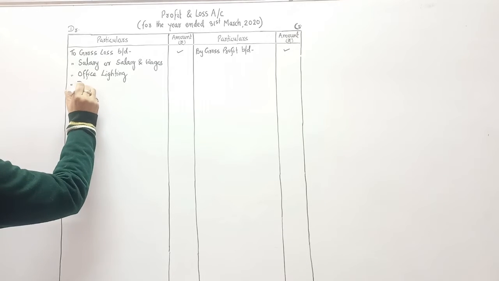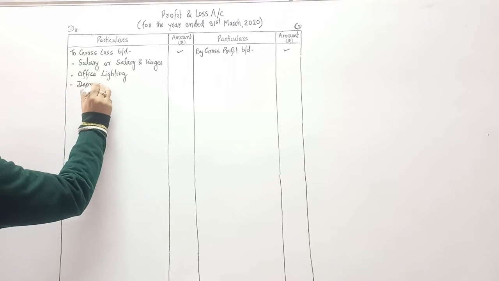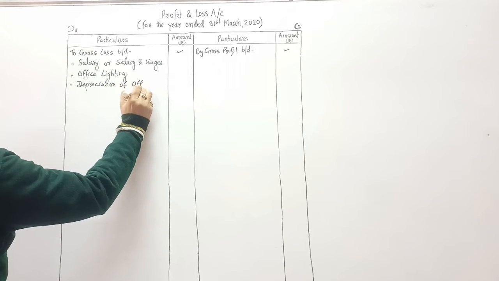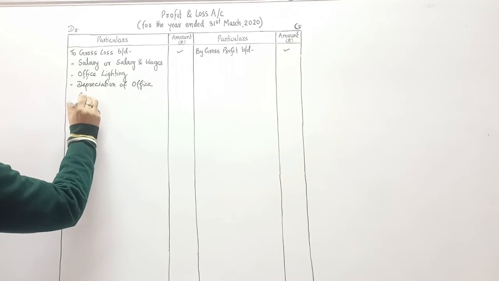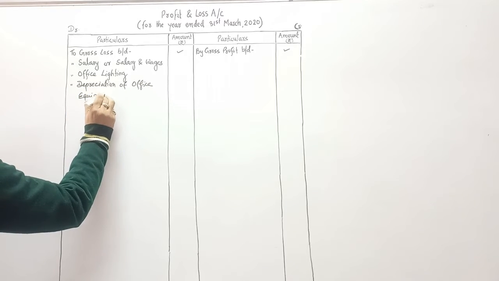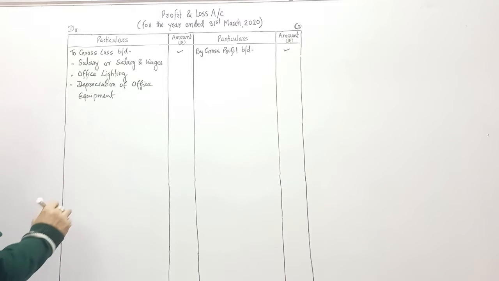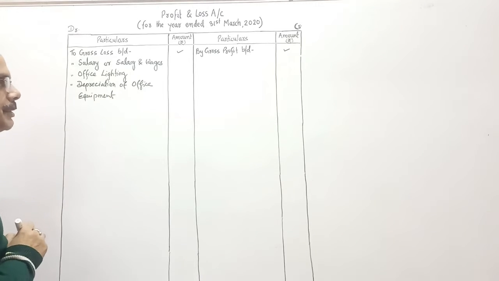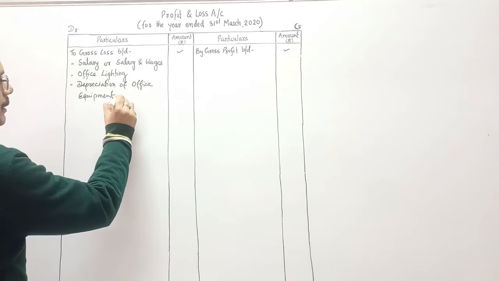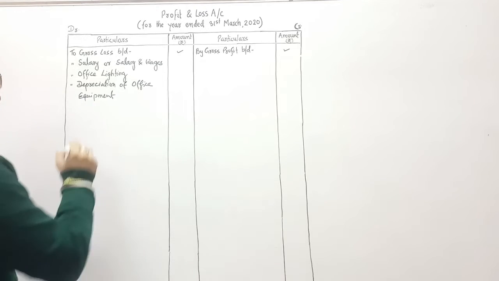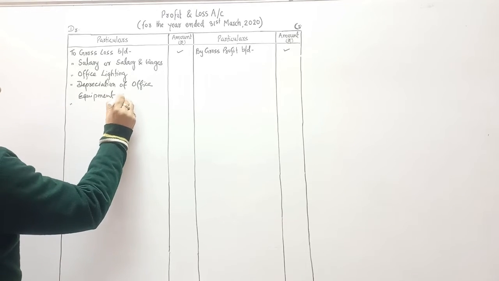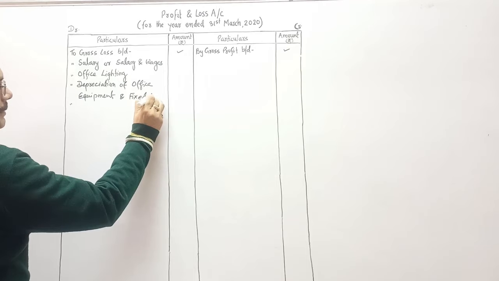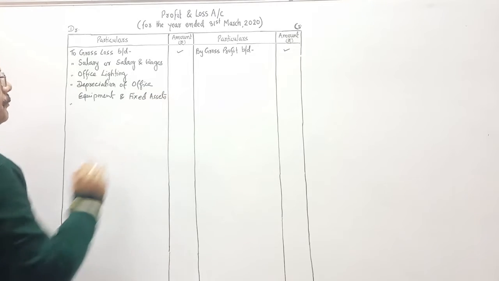Depreciation of office equipment. You write the depreciation over here, depreciation of office equipment or machinery, depreciation on fixed assets.